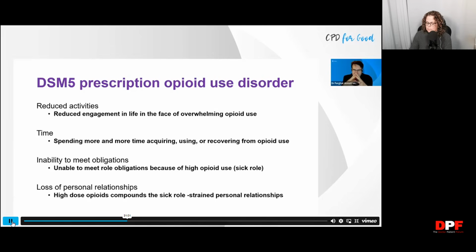Time, I've described time, so ever increasing amounts of time, acquiring, using, recovering from opioid use, albeit prescription opioids. And the inability to meet obligations. Now, I interpret that as the inability to perform a role as a result of adopting the sick role. And then the loss of personal relationships. So I think it's fair to say that, chronic high-dose opioids and chronic pain constrain personal relationships.